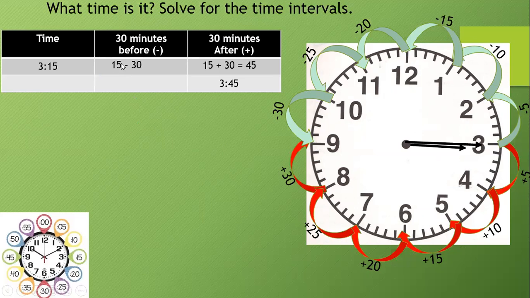Let's look at it if we wanted to try subtraction. In this case, we see that 15 minus 30 won't work because our first number is smaller than our second number. So this strategy won't work there. I'm going to cross that out.